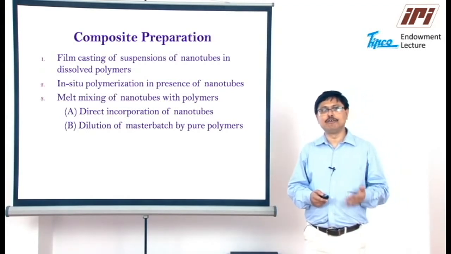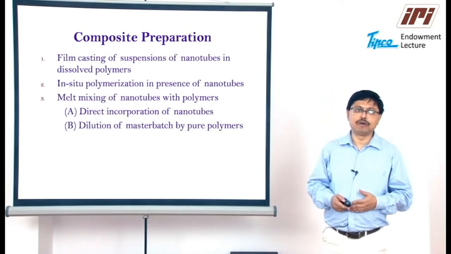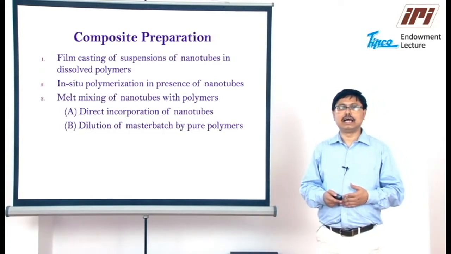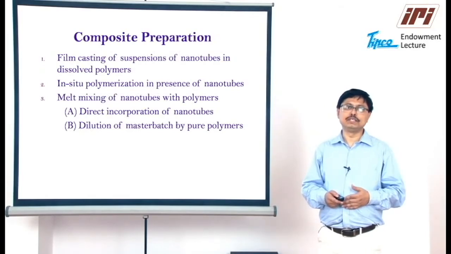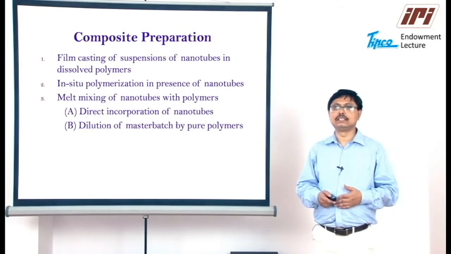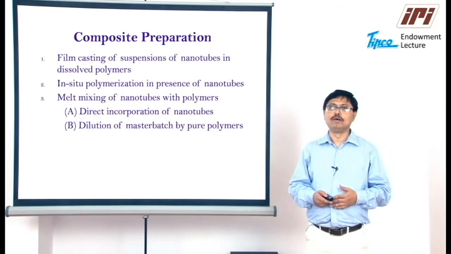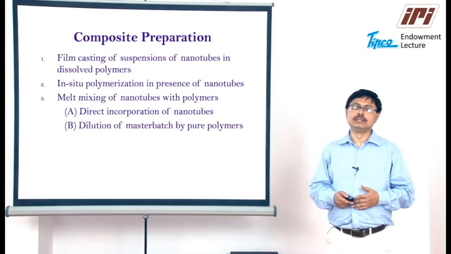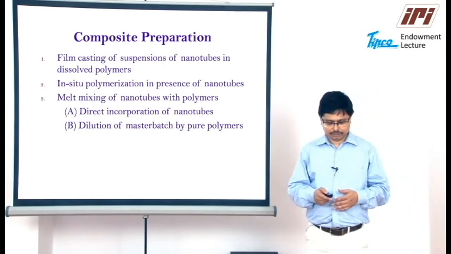The second process involves in situ polymerization in the presence of carbon nanotubes, and the third process involves melt mixing, and in melt mixing one can utilize carbon nanotubes by directly incorporating during the melt mixing process or by diluting the master batch of polymer carbon nanotube composites.